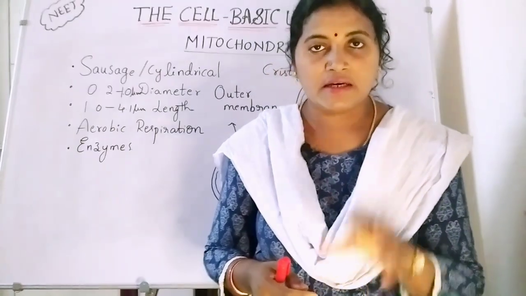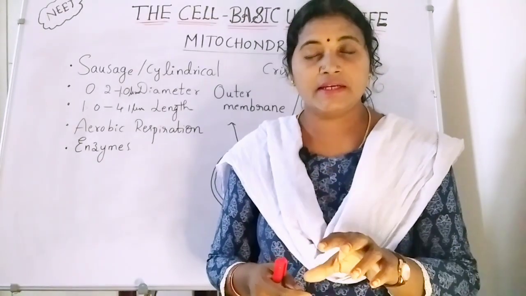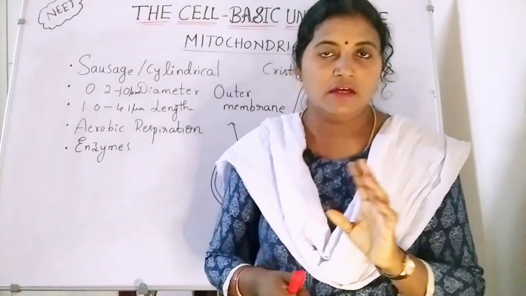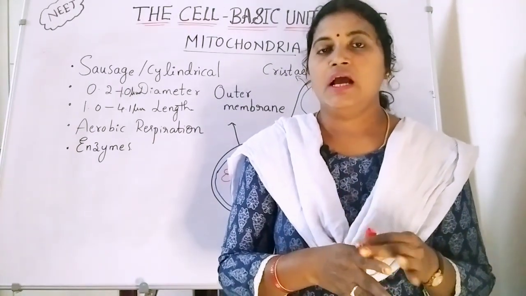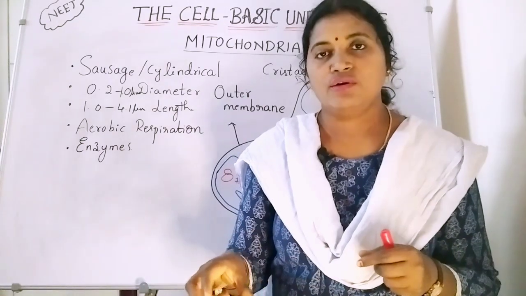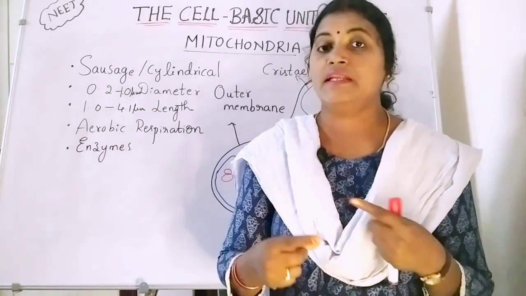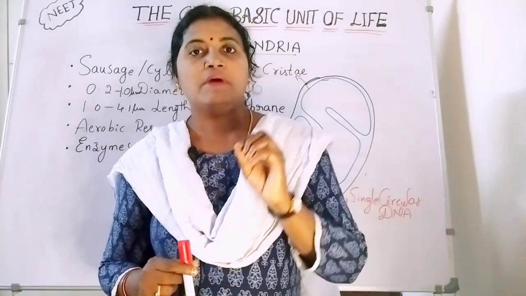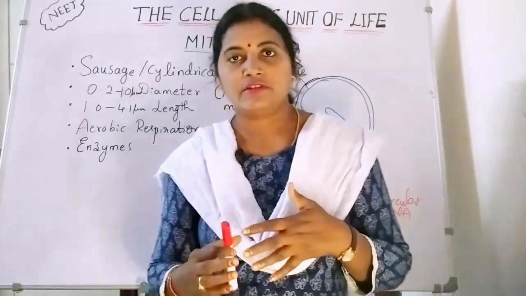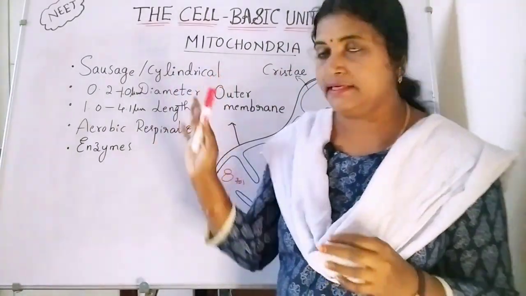So the mitochondria number varies depending on its requirement. If the organ requires more energy, definitely that particular organ or tissue contains many mitochondrial structures in the cells. These mitochondrial structures have shapes like sausage and cylindrical shape.